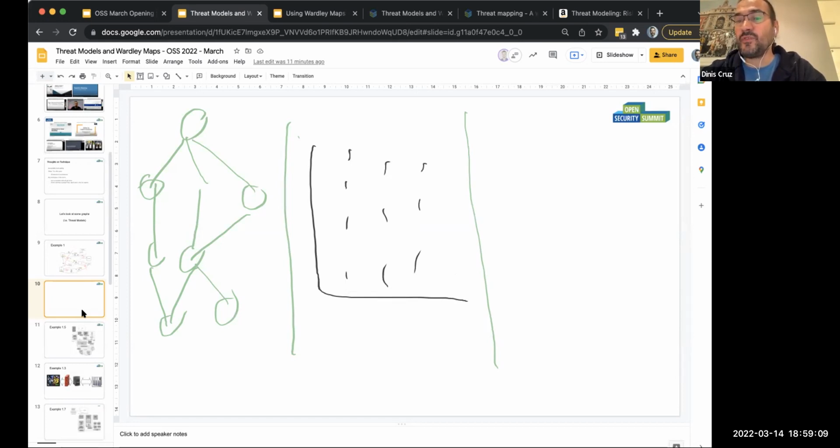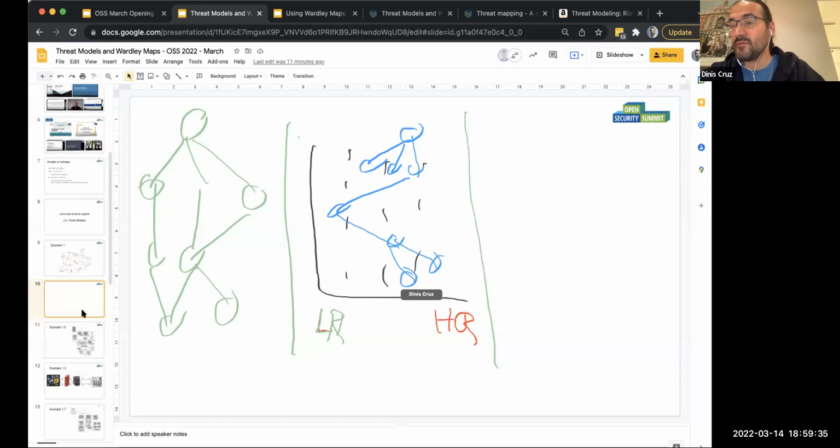If I put high risk here and low risk here, and remember that we get to define what that means, high risk might be no security, no visibility, no logs, no understanding of what's going on, no ability to patch, all sorts of metrics that you can grab. Again, if you draw the same diagram in the same way, you start to get a sense for where you need to focus.